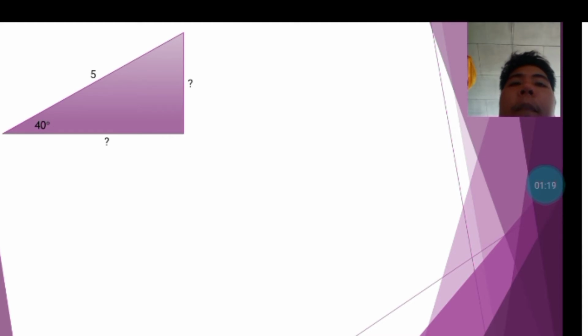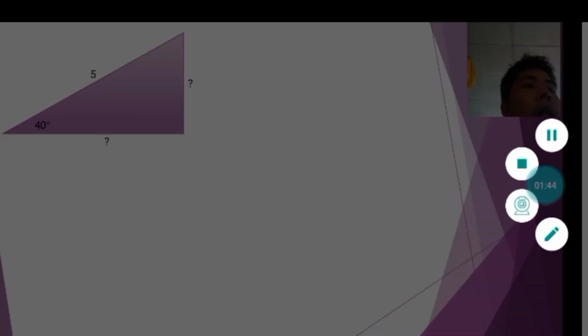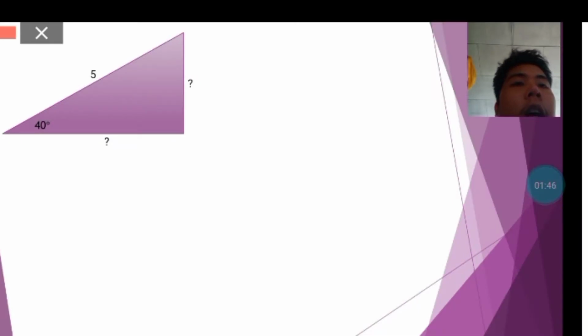For example, for the given angle of 40 degrees, we can apply the sine function, which is opposite over hypotenuse.